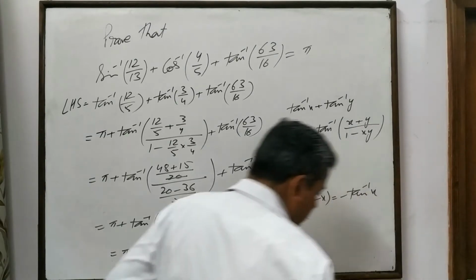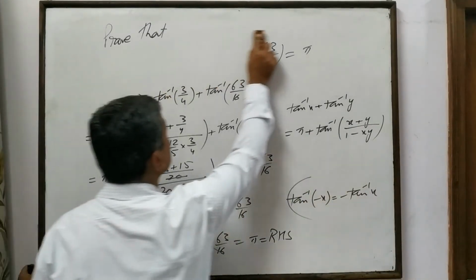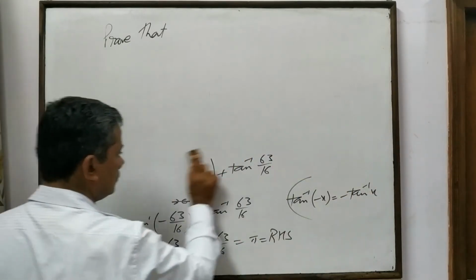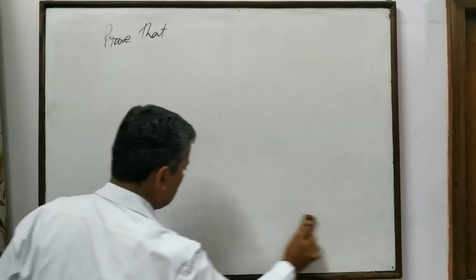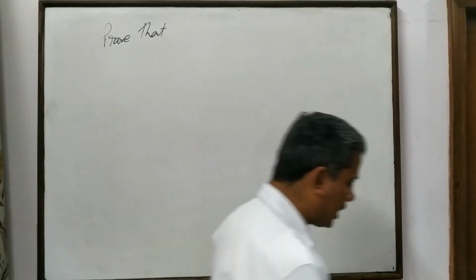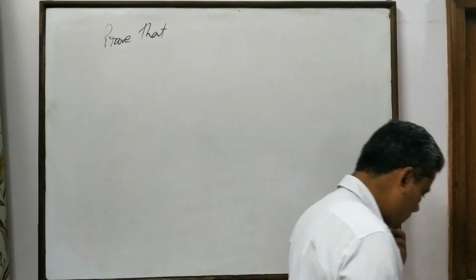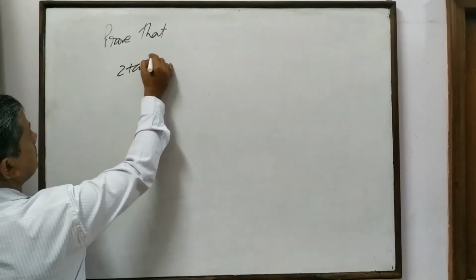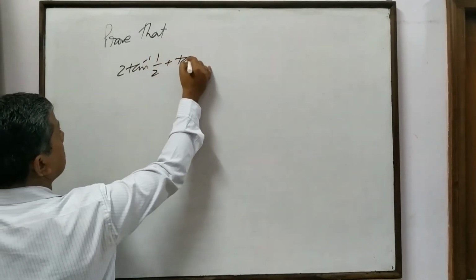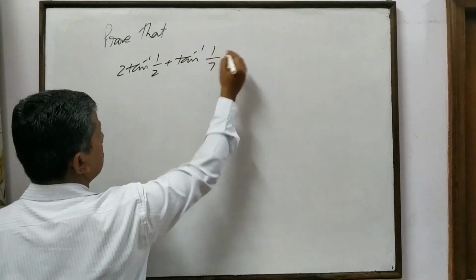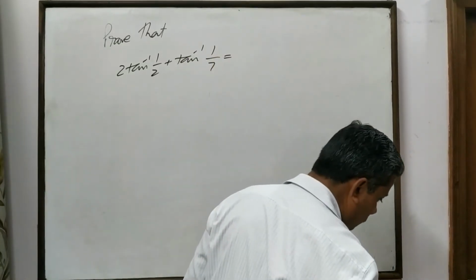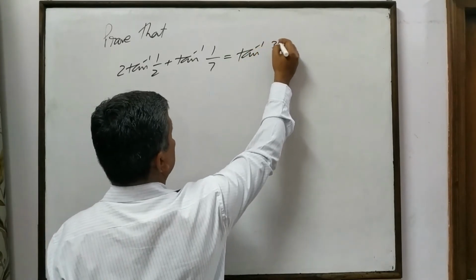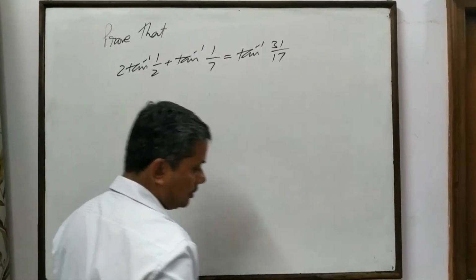Prove that 2 tan inverse half plus tan inverse 1 upon 7 is equal to tan inverse 31 upon 17.